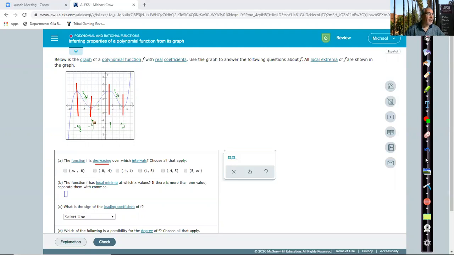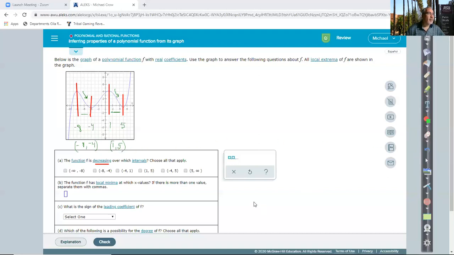So there are two parts here: decreasing in this interval and decreasing in this interval. This gives us from -8 to -4. That's one part where it's decreasing. And then this is going from 1 to 5. Those are the two decreasing parts and the only decreasing parts.